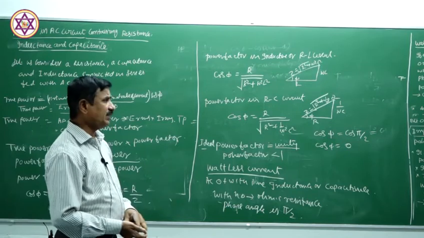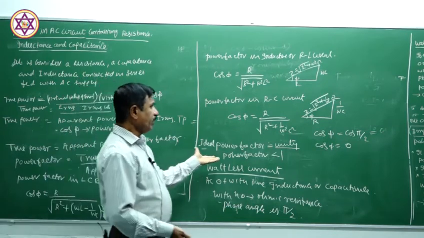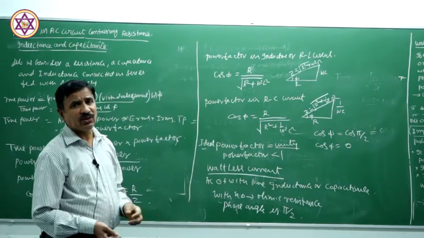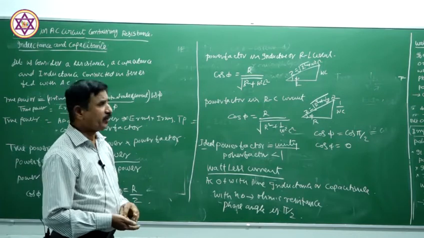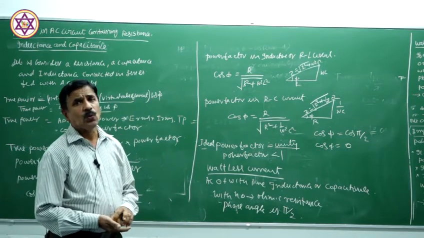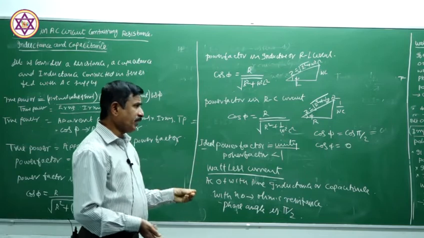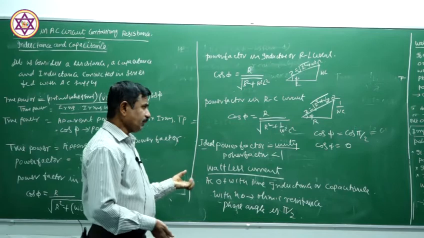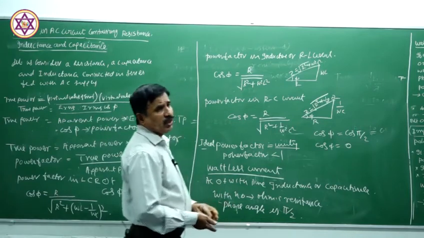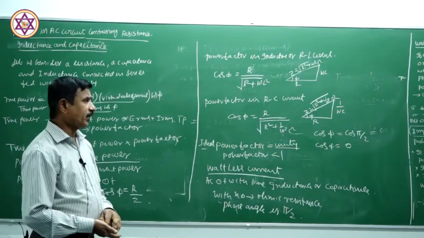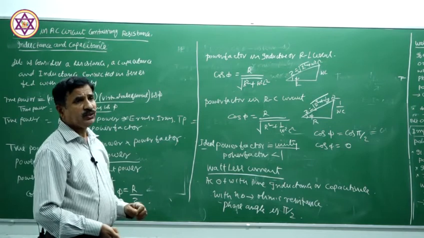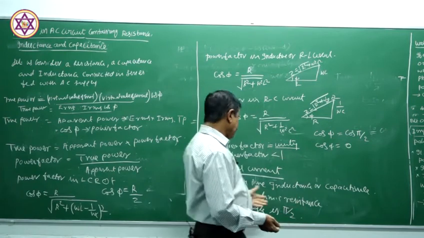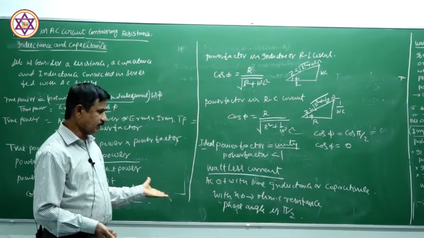So the current in such a circuit is called ideal current or wattless current. This circuit does not perform any useful work; we cannot expect any useful work from such a circuit. It can only offer resistance to the flow of current, but we cannot derive any useful work when the power factor is 0, that is with no ohmic resistance.